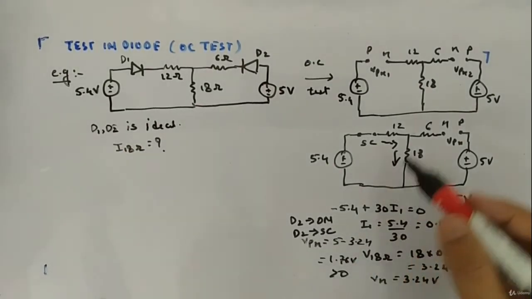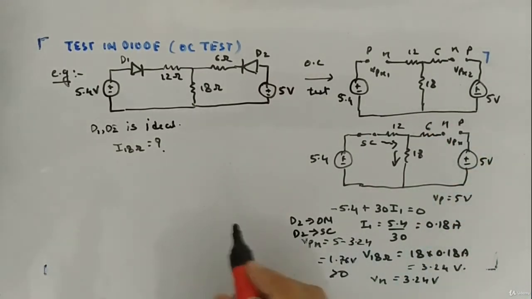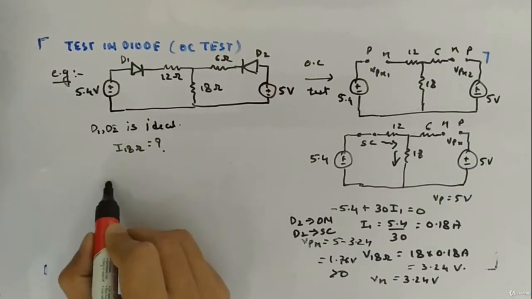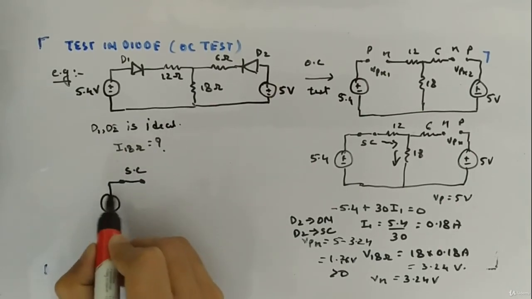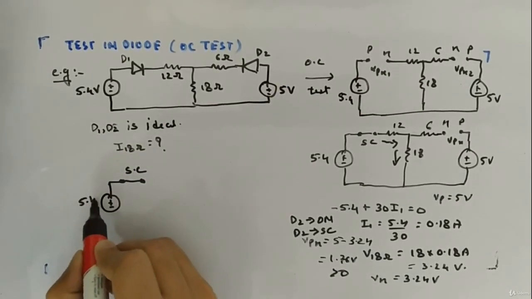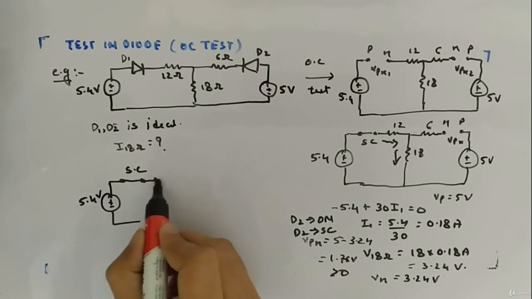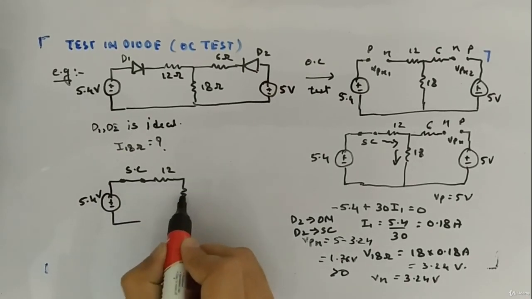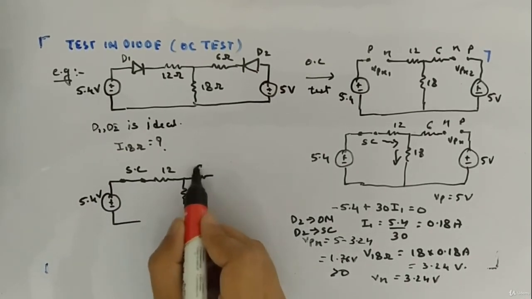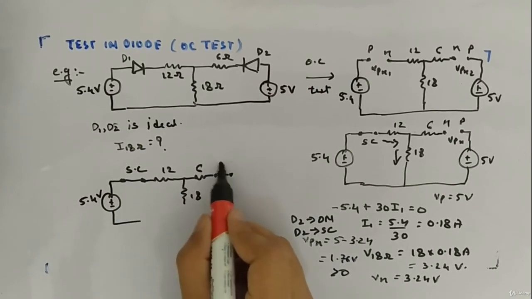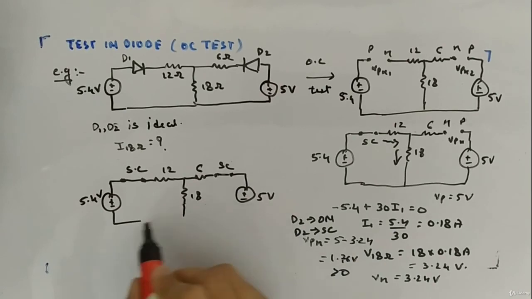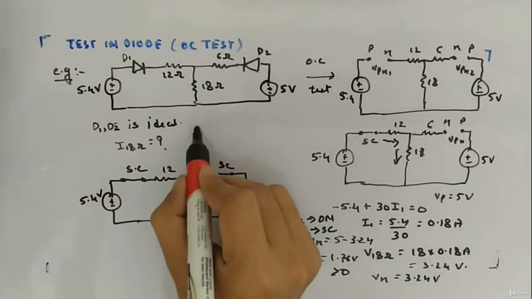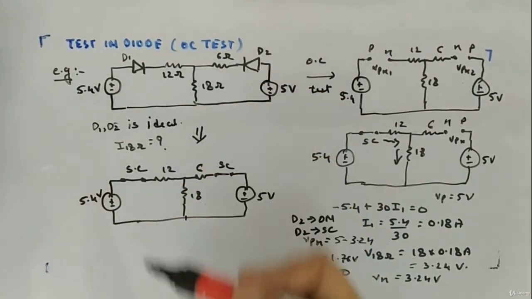Now we are aware of both the diodes, so we will make the equivalent circuit, which will look like this: SC, 5.4 volt, this is 12, this is 18, this is again 6, short circuit, 5 volt. This is the equivalent circuit, which we got through the short circuit test as well.